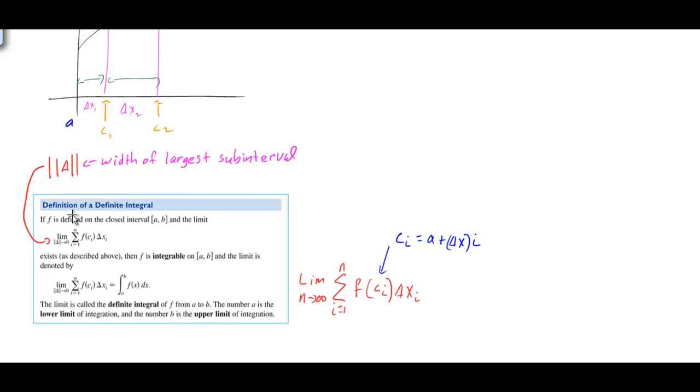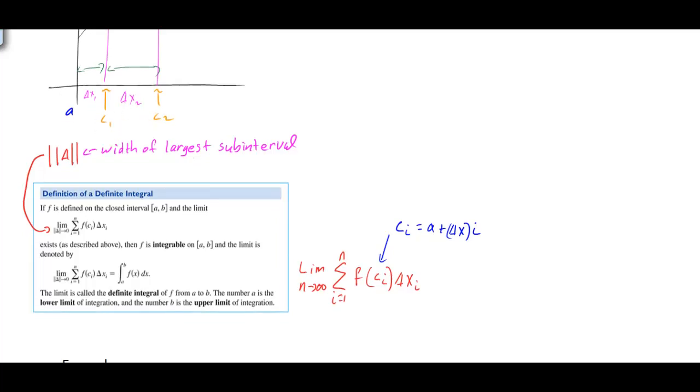So if we look at the definition of a definite integral, we're going to use this idea from the Riemann sums. It says that if your function is defined on a closed interval from a to b, and the limit here, and the notation for this partition with these double bars, this is giving you the width of the largest subinterval. So up here I just have two examples.